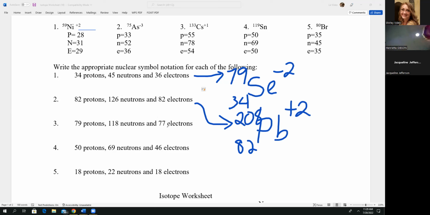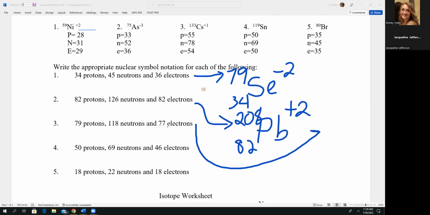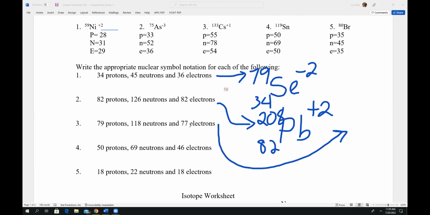Now we're going to do this one, and I'm going to put that one over here. Sorry, but that's just the way it's going to have to go. All right. So we have 79 protons, 118 neutrons, and 77 electrons. So 79 protons is the element gold.